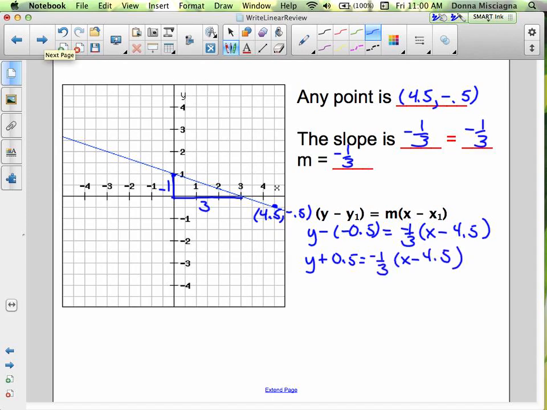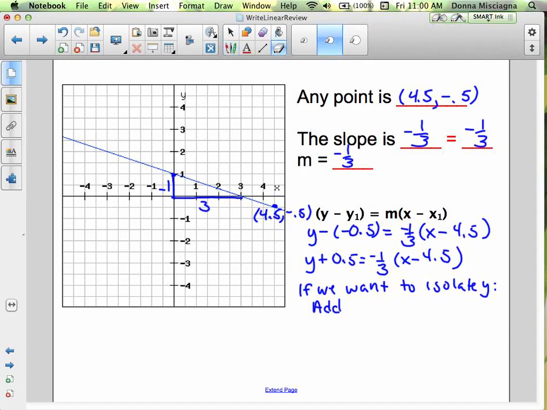And if we want to isolate y, you'll just subtract, because it's positive, subtract 0.5.